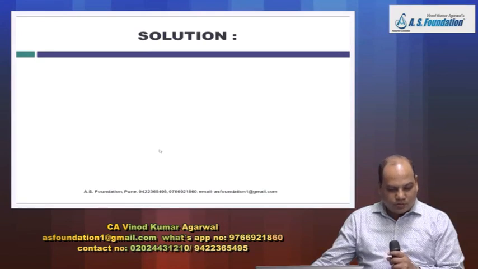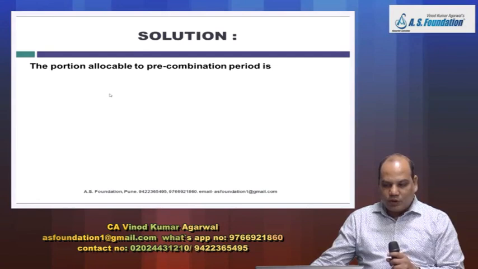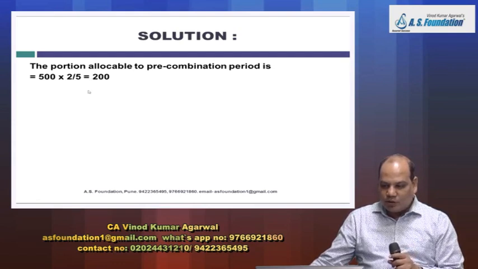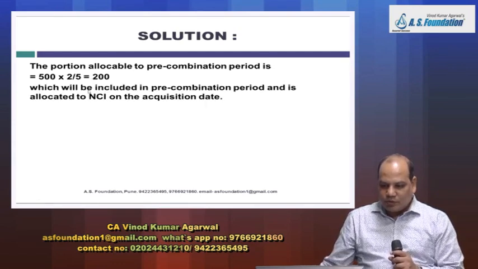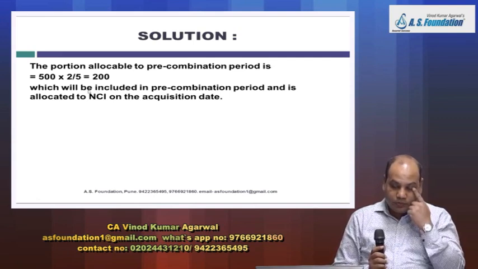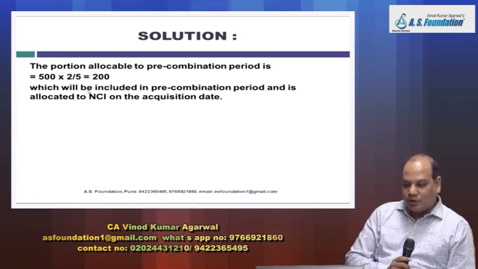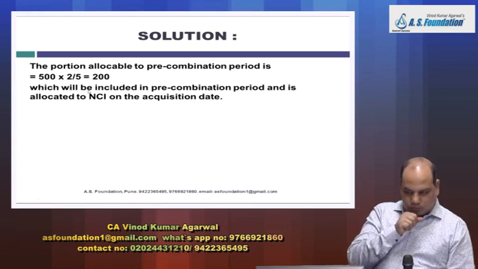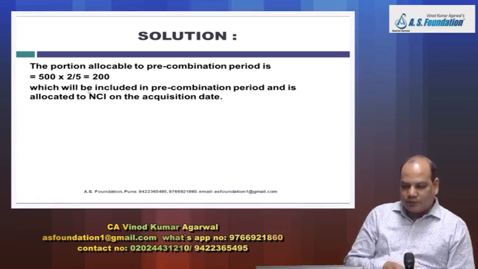So now the question is, what is the treatment? We will have to divide the fair value into two parts: pre-combination period and post-combination period. Pre-combination period will be allocated to NCI. So write down first: portion allocable to pre-combination period. 500 into 2 by 5.